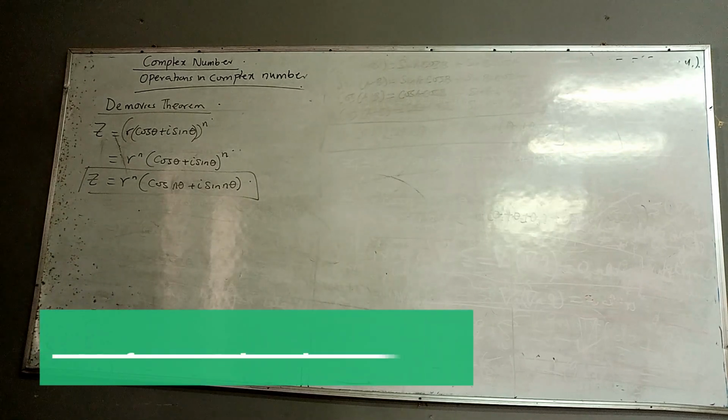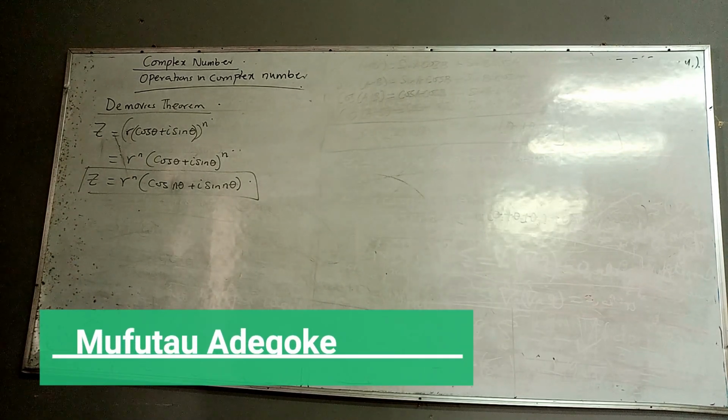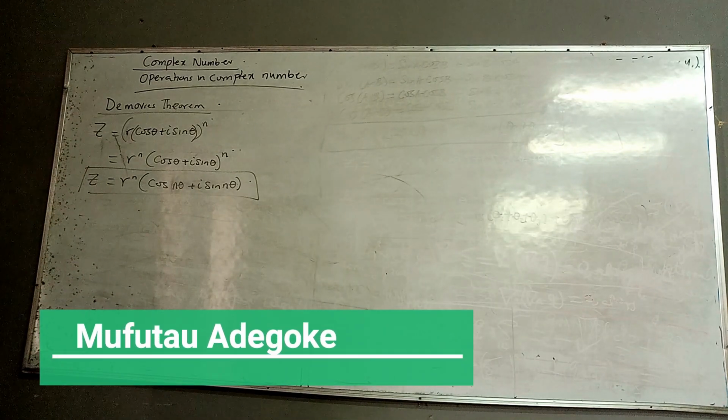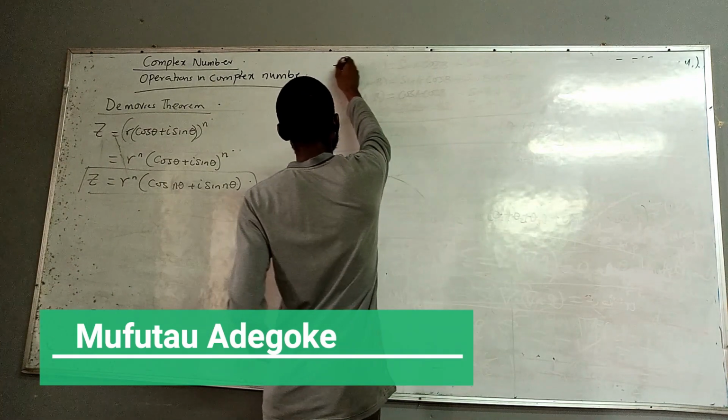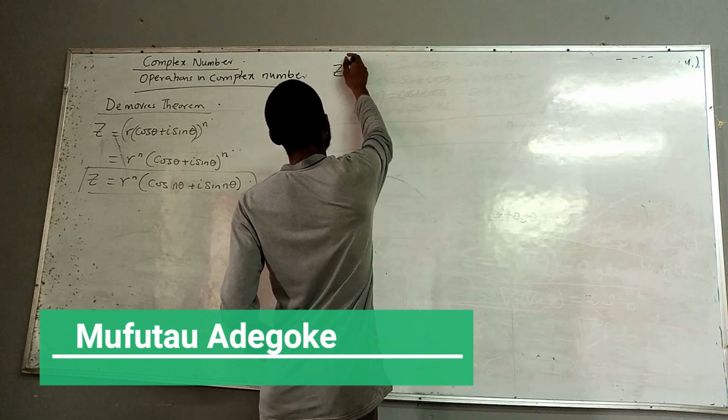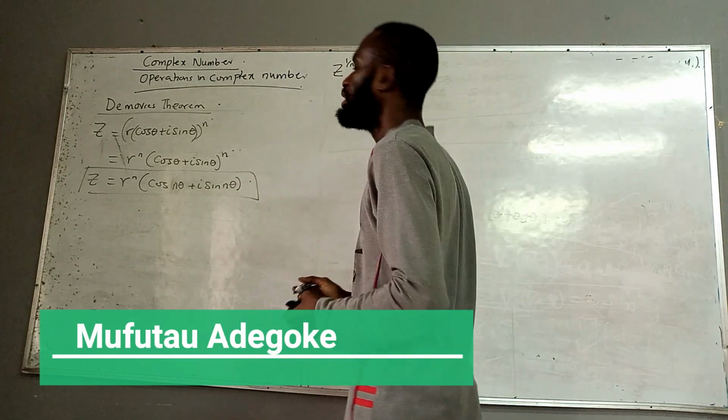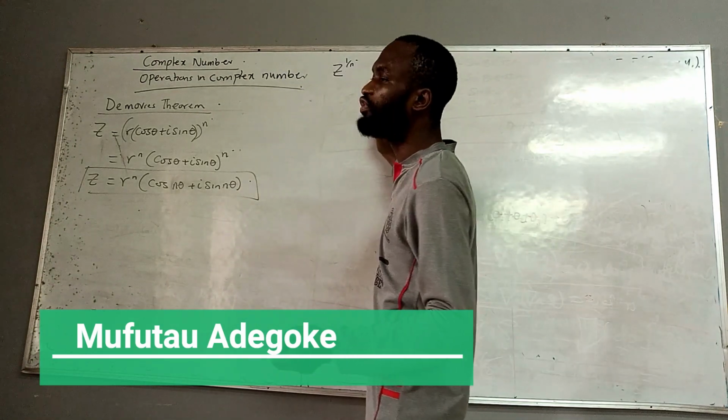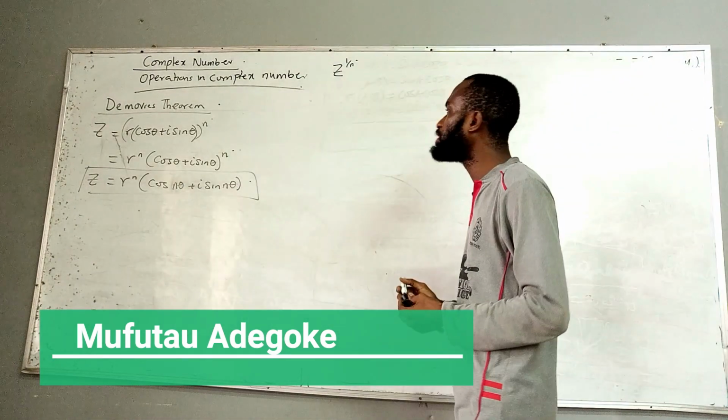Now what if you want to find the root of a complex number? If I have z raised to power 1 over n, this is the nth root of the complex number. And how am I going to do this?